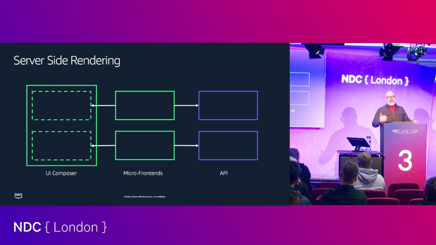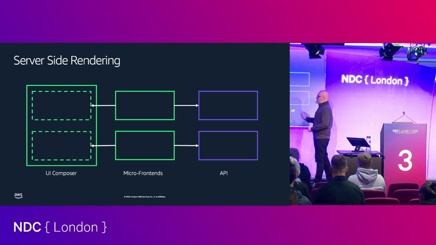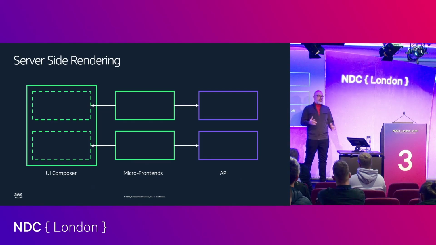With server-side rendering, the options are, let's say, almost infinite if you think about what you can achieve, and therefore it's slightly more complex. So here, instead of an application shell, I call it a UI composer, not to create confusion.